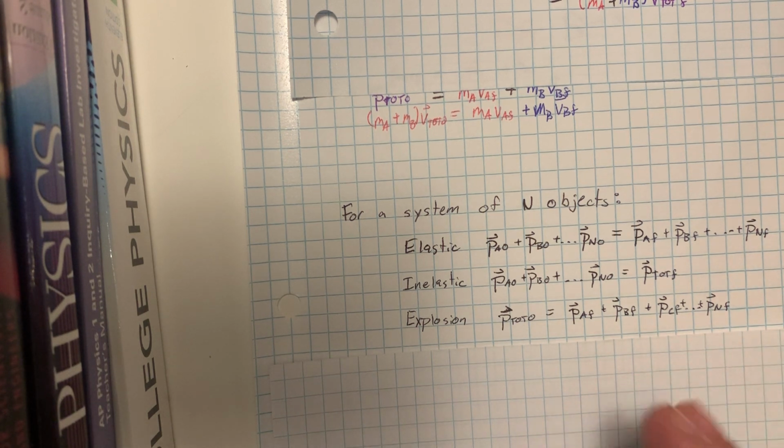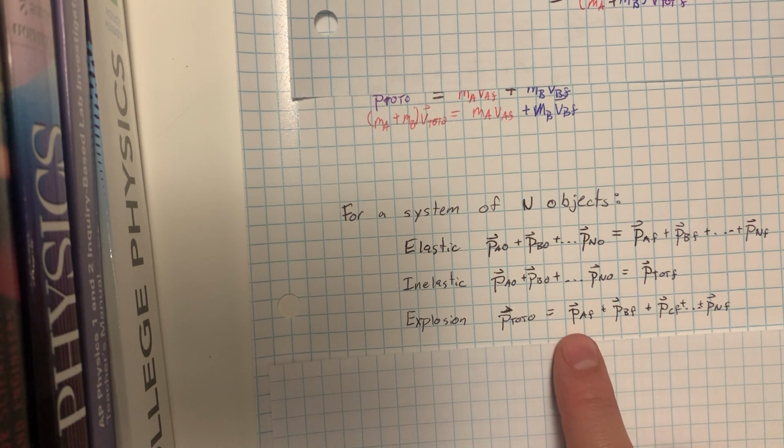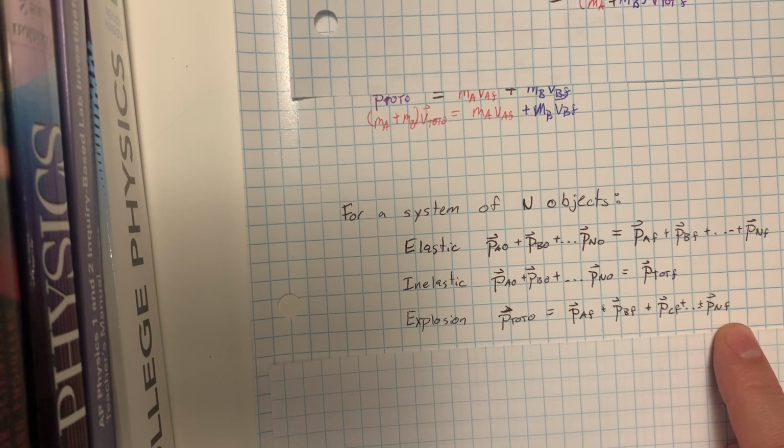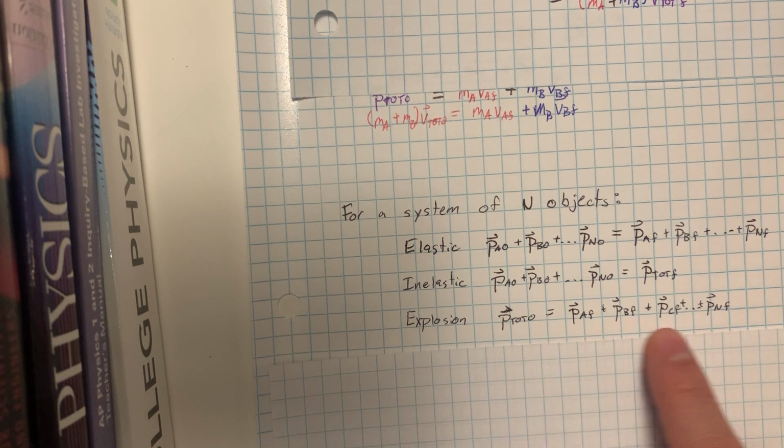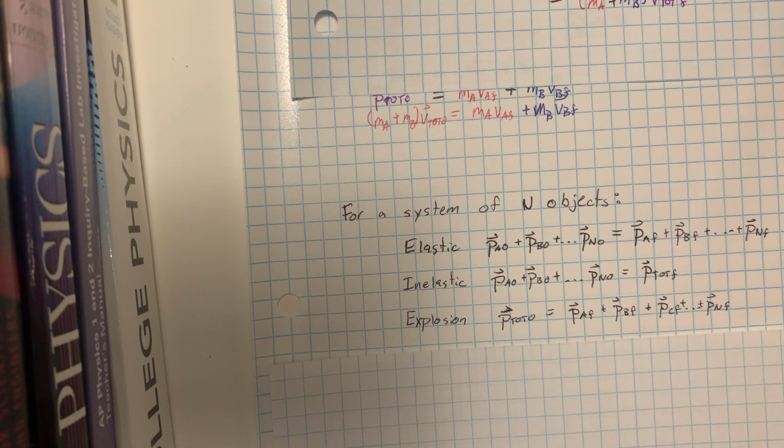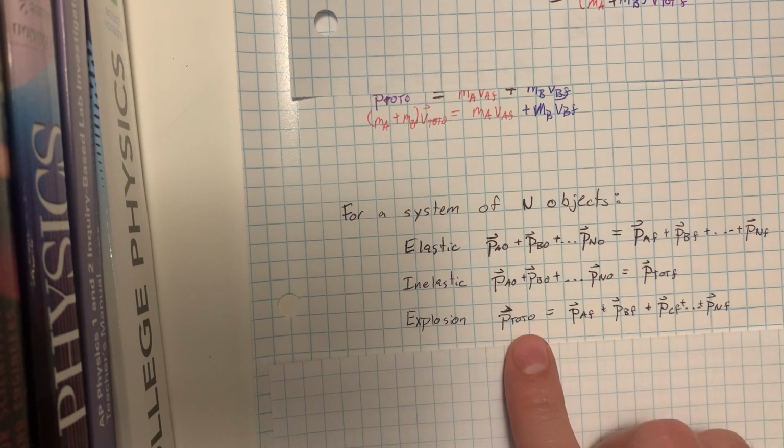If we're talking about a real bomb or firecracker exploding, it's going to explode into more than two pieces, right? We could figure out the momentum of all the pieces based on their mass and velocity, and we would find they would all add up to 0 if it wasn't moving initially.